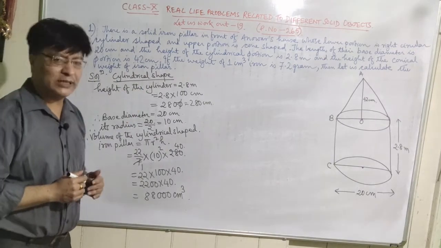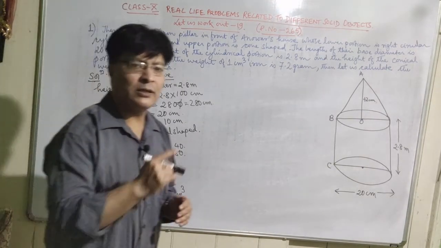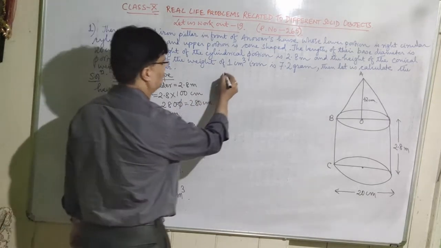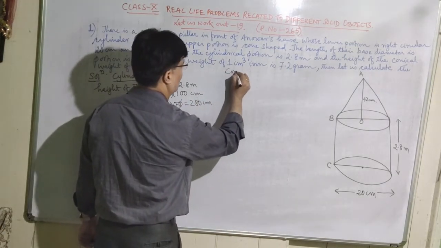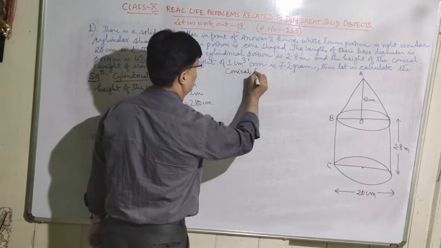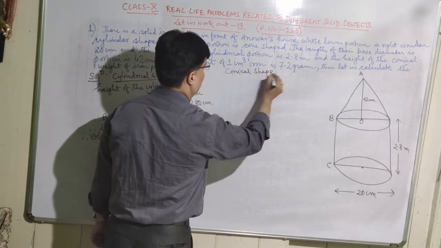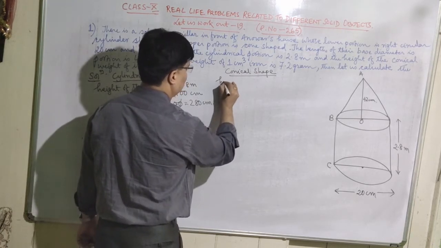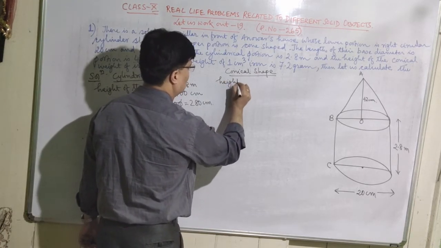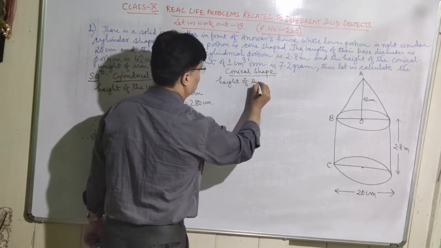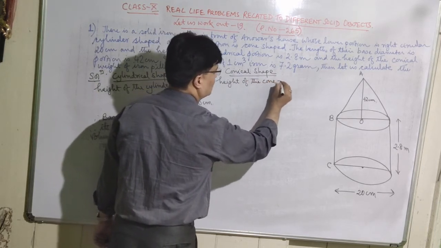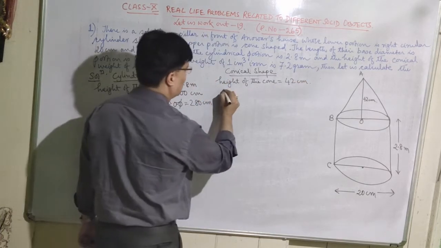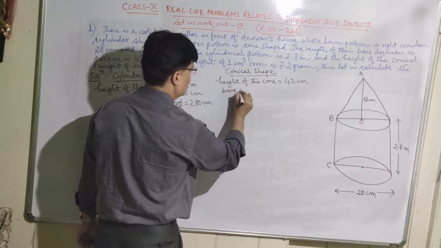Now let us find out the volume of the conical shaped iron pillar. Now for conical shape, height of the cone. What is the height of the cone here? It is 42 centimeter. Base diameter.